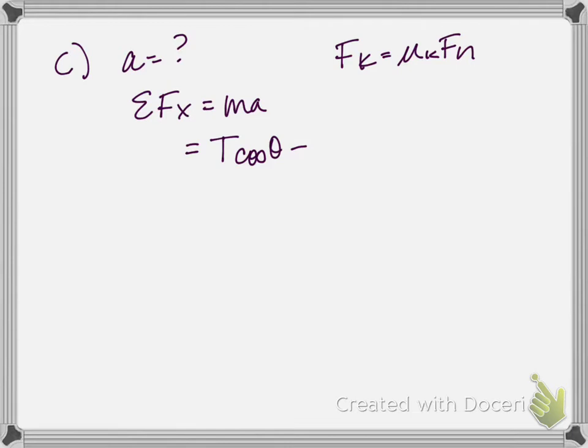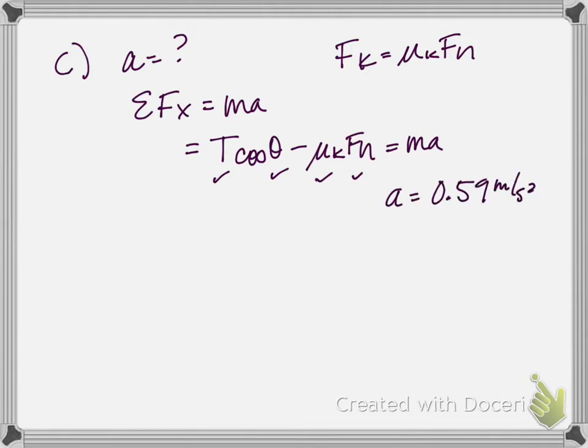So I've got T cosine theta minus mu k times Fn equals ma. We know T, we know theta, we know mu k. We calculated Fn in part B, so a little algebra gives you an acceleration of 0.59 meters per second squared to the right. Okay, part D, rubric.